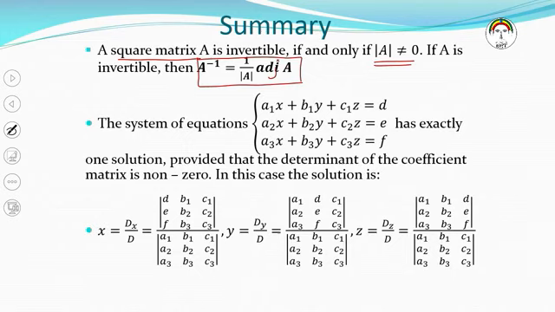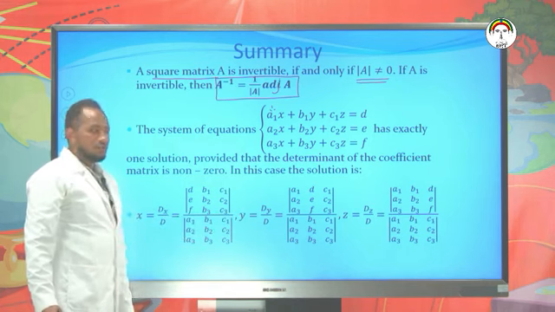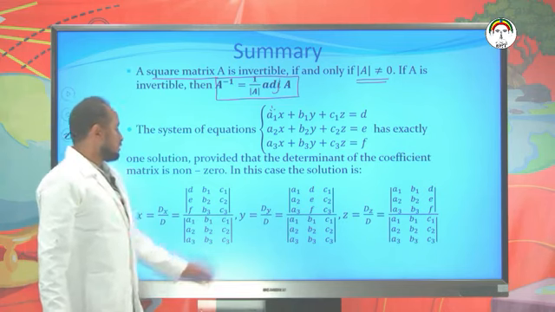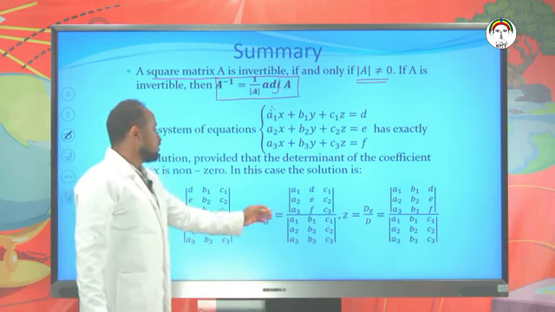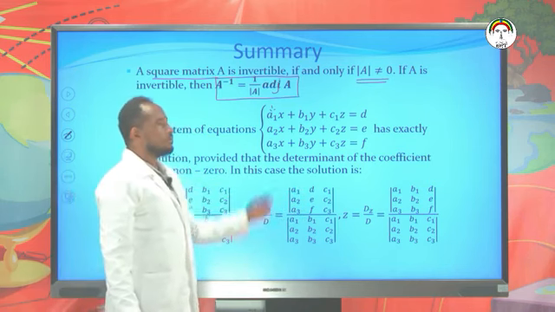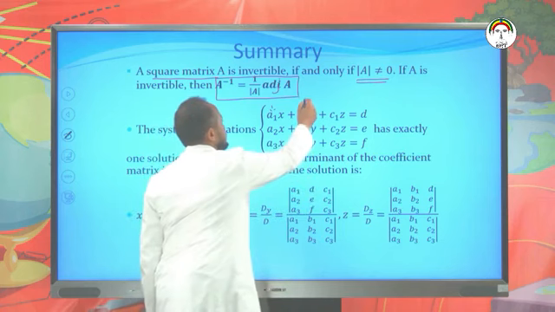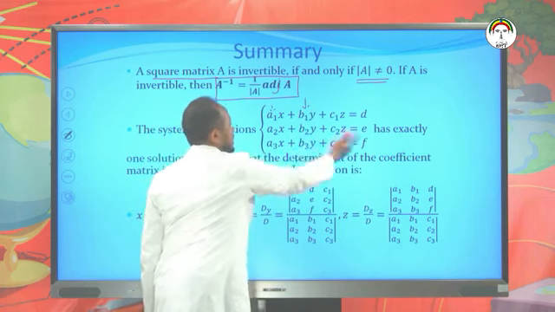And if we have such a system of equations, to solve it using Cramer's rule, x is equal to dx over d, where dx is the coefficient matrix where the coefficient of x is changed by the solution, and y is dy over d, where d is the determinant of the coefficient matrix, and dy is the determinant where the coefficient of y is changed by the solution.